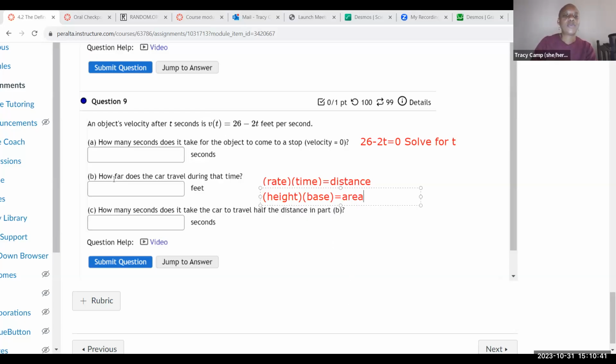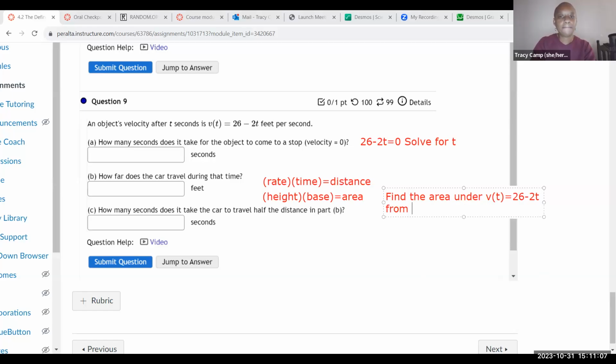So when they're asking you how far does the car travel during this time, it's asking you to find the area under this function v of t equals 26 minus 2t.